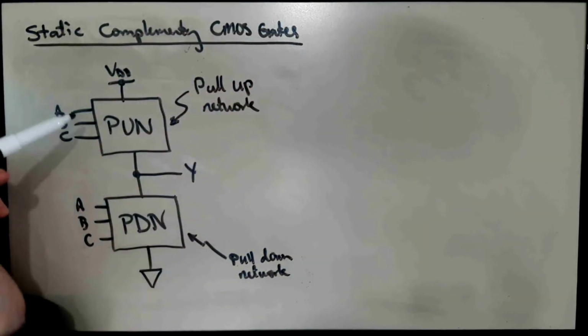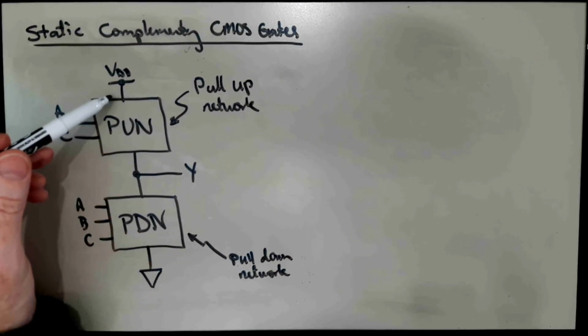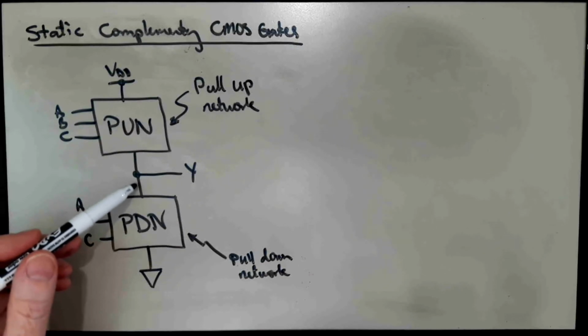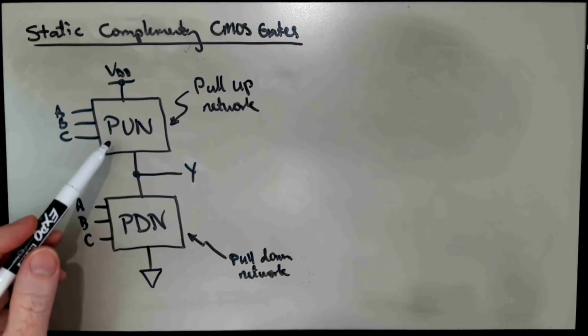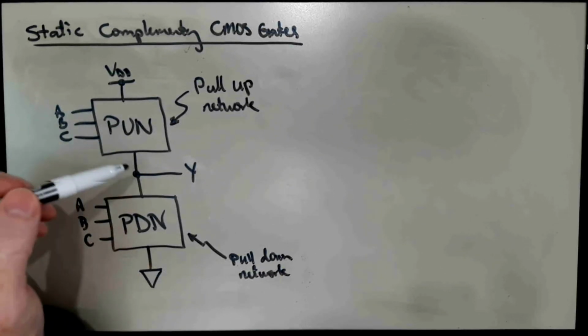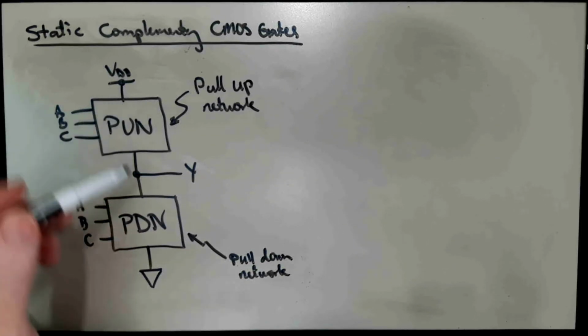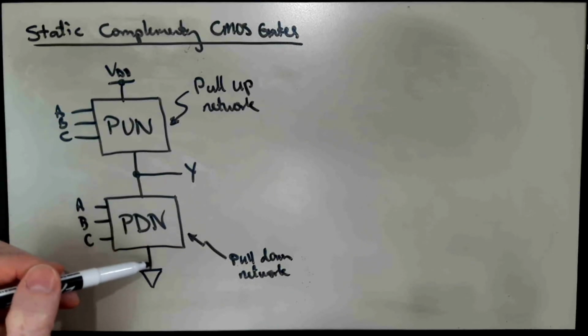And the job of the pull-up network is to pull the output of the gate up to VDD. The pull-down network's job in life is to pull the output of the gate down to ground. Okay, so the pull-up network is responsible for producing the logical high values for the gate, and the pull-down network is responsible for producing the logic low levels for the gate.